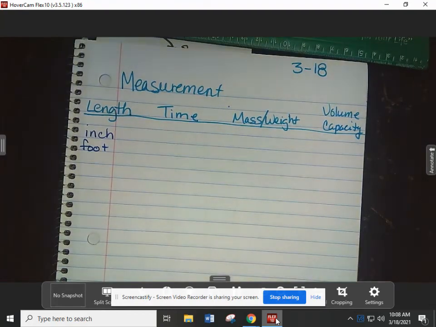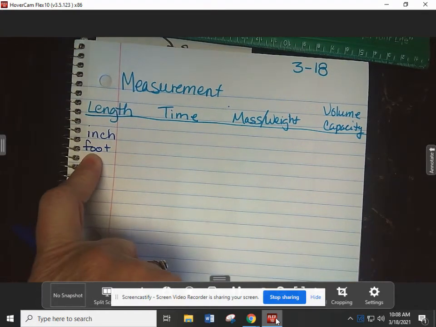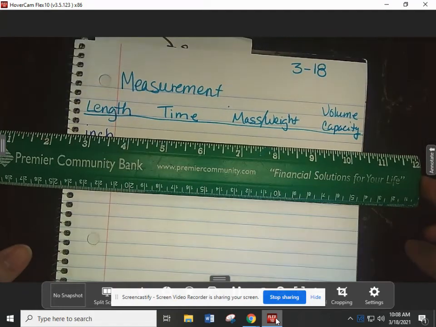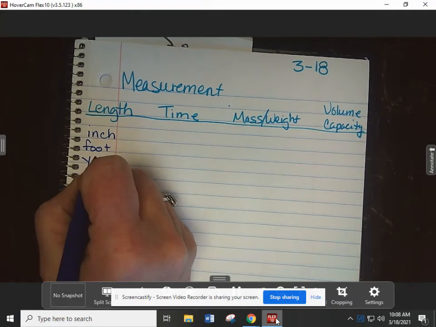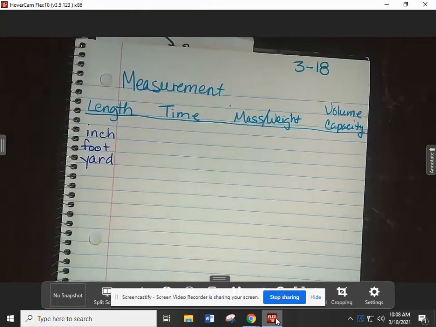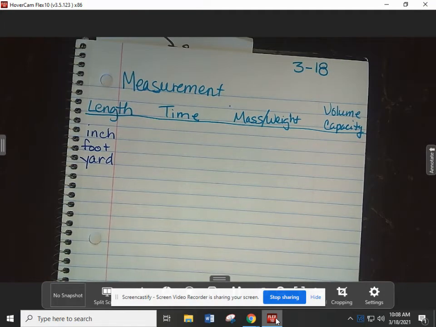Because it's a yard. What does that mean? 3 feet. Because it's 3 feet. 3 feet, 3 one-foot pieces, 3 green rulers are going to make a yard. And 39.5 makes a meter.